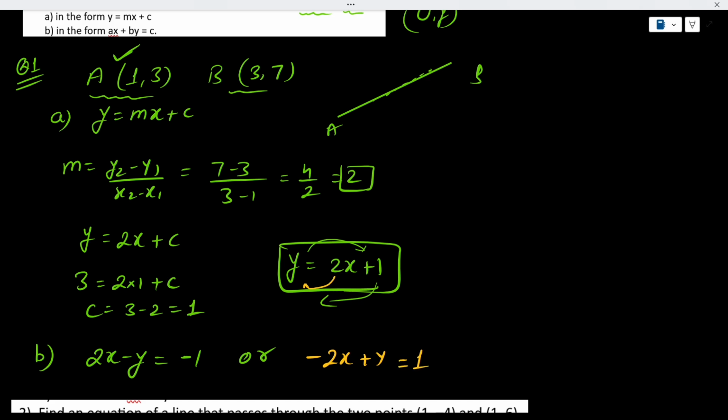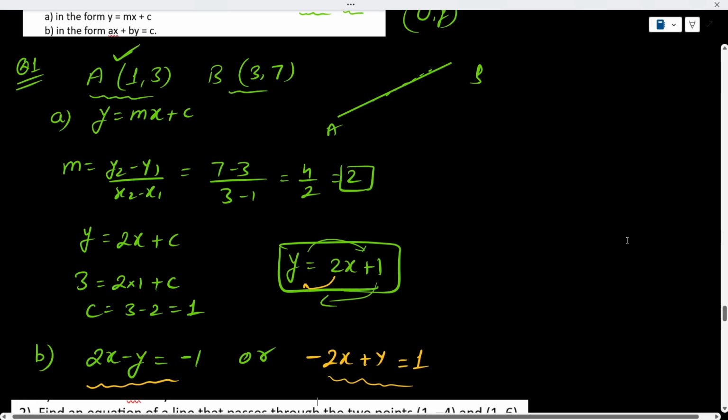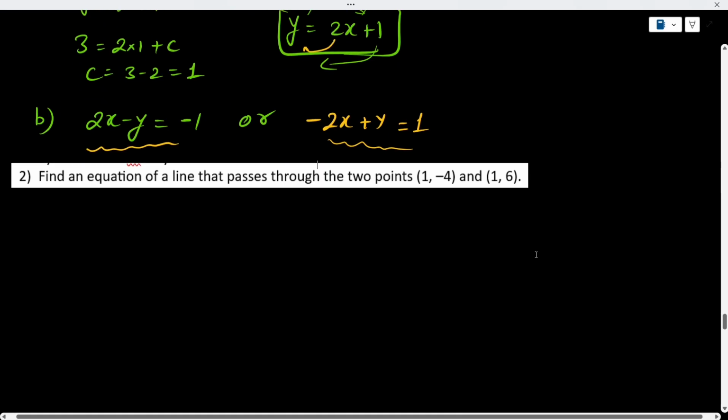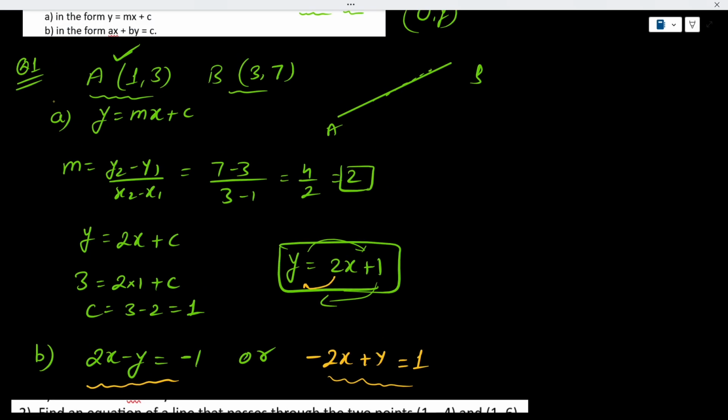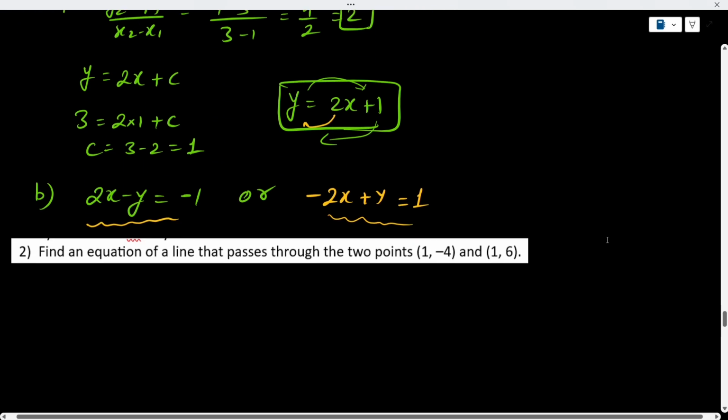This is nothing but the straight line form. This is nothing but a simultaneous equation, and you use these linear equations to solve the question graphically or algebraically. So this is your first question, where you are finding the equation of the line using gradient form. This is called gradient form, y equals mx plus c, to get the equation of a straight line.